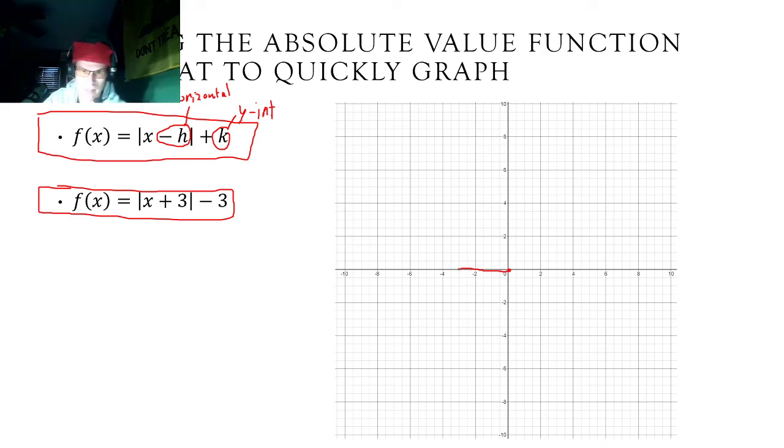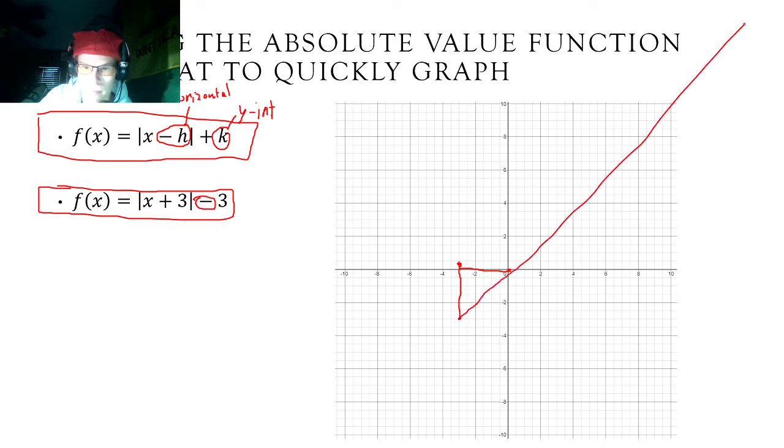And then let's do our y-intercept now. Our y-intercept's negative 3. This is a plus k, so it's going to go in the same direction as indicated by the sign. So we're going to go down 3. My vertex is right here, and then it goes up on both sides. I know that's not perfect, but it's very close to what we would typically see.